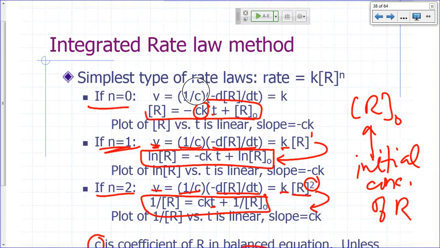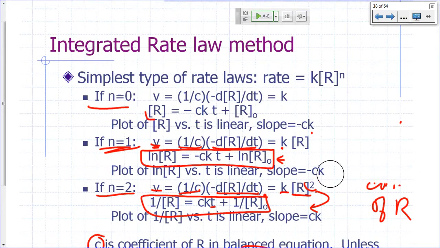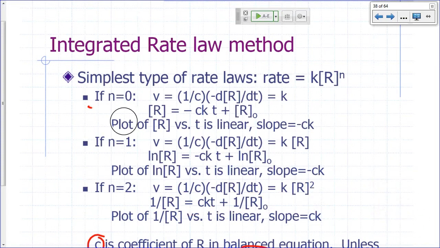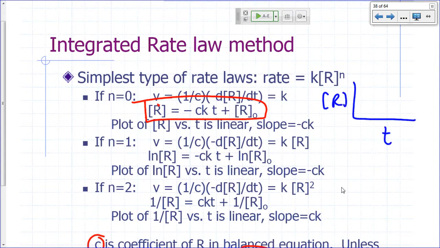Let's go back to this expression for zero order. You'll notice that if I were to plot R versus time, I'm putting R on my y-axis, and I can put t on my x-axis.